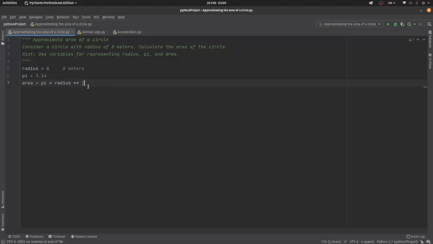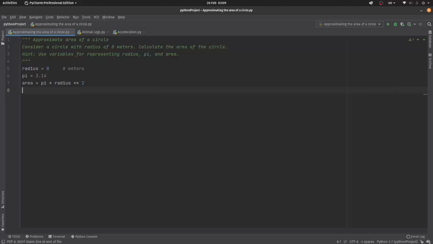This shows the power. So if I type 5, it will multiply radius by itself 5 times. So it's a pretty useful operator, since it reduces the number of times you write the same sign over and over again.